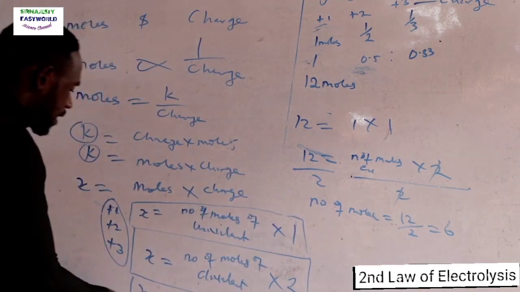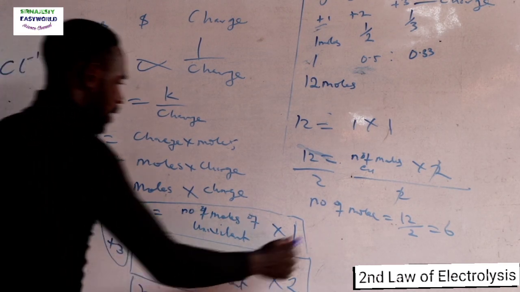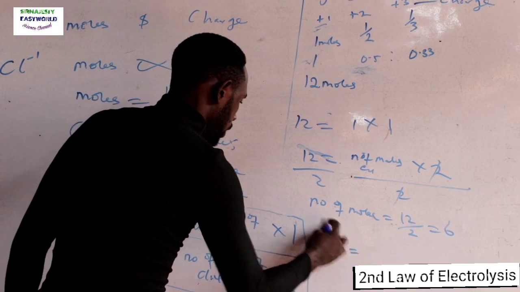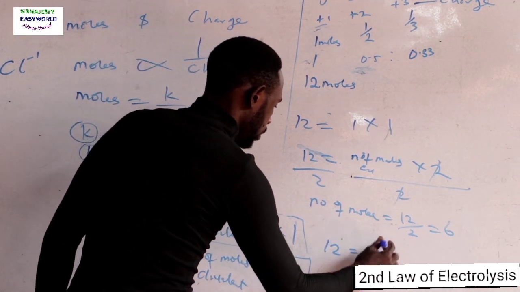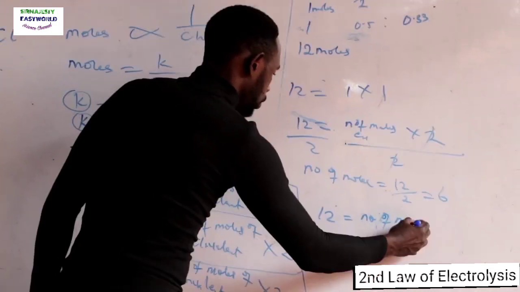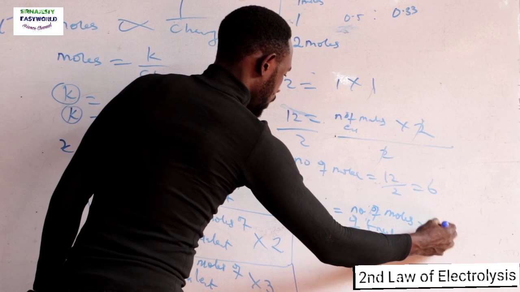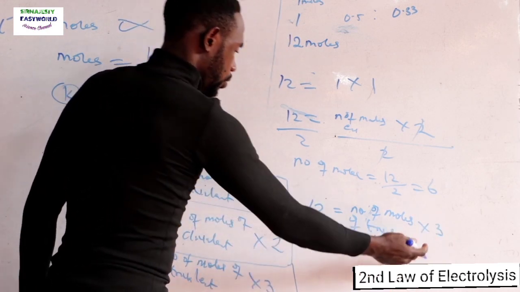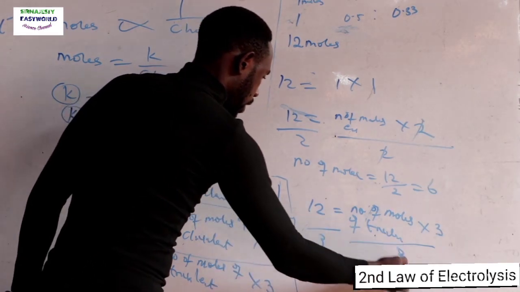So for trivalent, you do the same thing. It should now be automatically X is equal to, and our X is 12, is equal to the number of moles of trivalent times 3. So what do you do here? You still make it the subject of the formula, divide by 3, divide by 3, cancel, cancel.